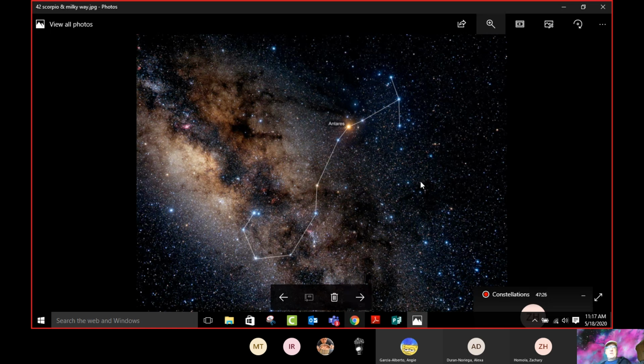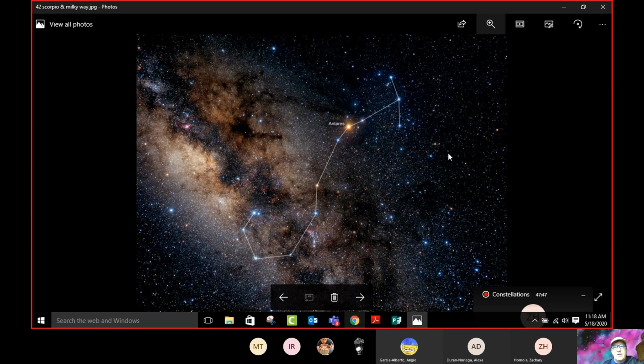Okay, moving on. Now we have Scorpio. So what we're going to draw here is this kind of curving arc of stars, and then it comes up to the brightest star here, Antares, and then it comes up to these stars.